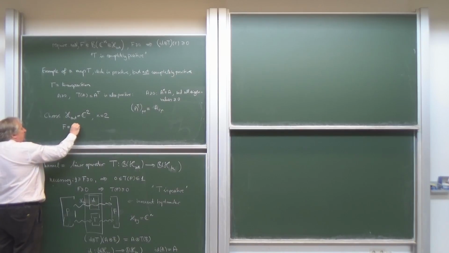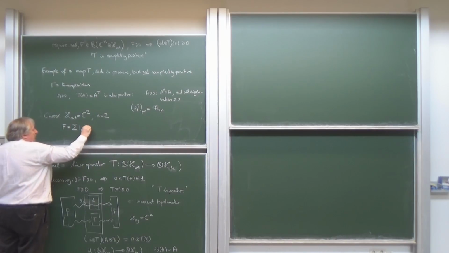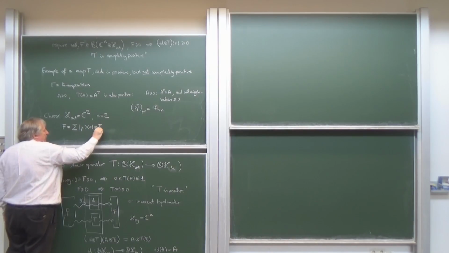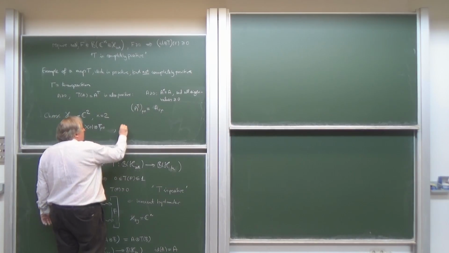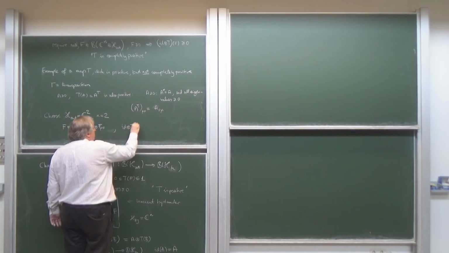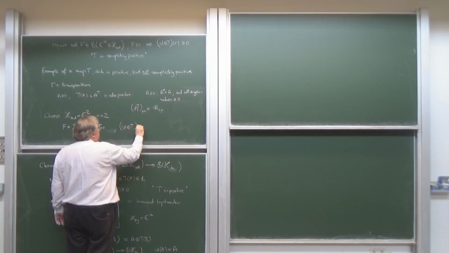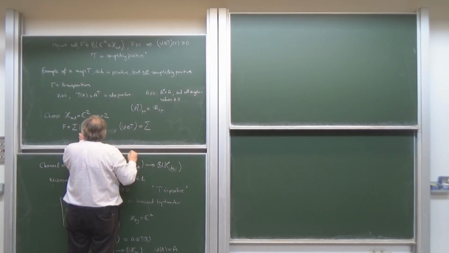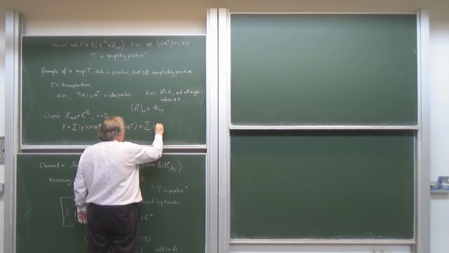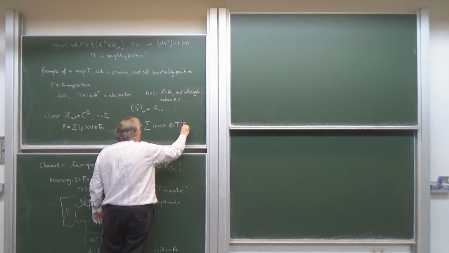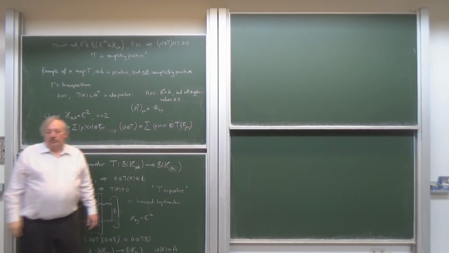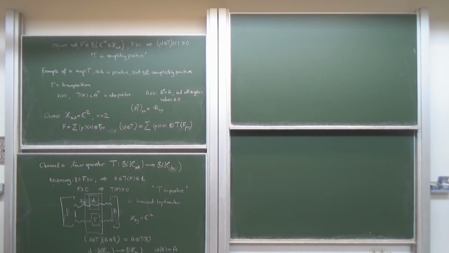Now, I will write my operator in this form. I can always do that, so I use this expansion that I told you before. And then an identity tensor T, what does it do? This is the sum. Now, it doesn't change this part, so it will look exactly the same, at least the beginning of it. But then I operate with T on this F mu nu. So this is a very useful rule if you want to look at what identity tensor T does to a tensor product operator.